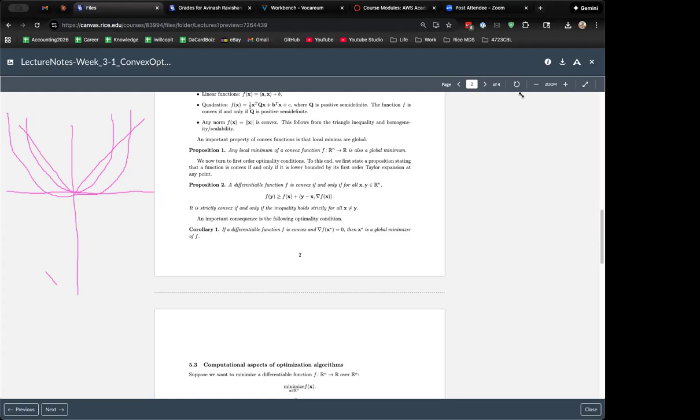If you think about it, x squared basically says that the second derivative is always 2 everywhere. It's a constant. A convex function basically requires that the second derivative is positive. That's from calculus. But you can change what that positive value is.